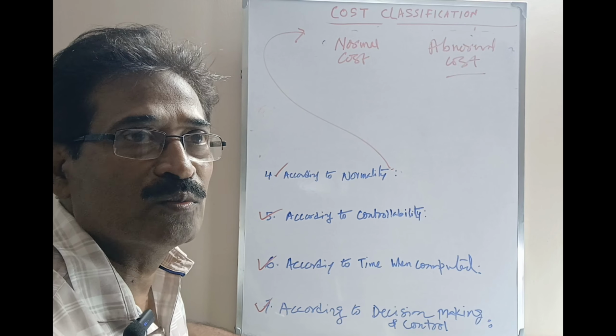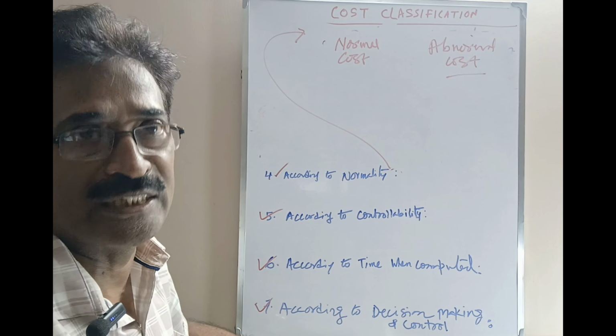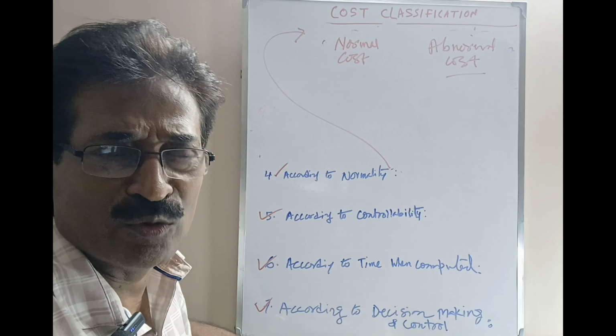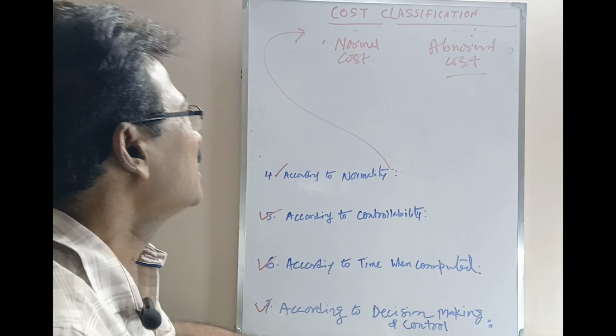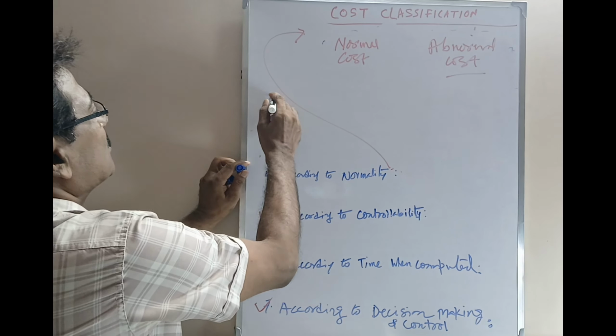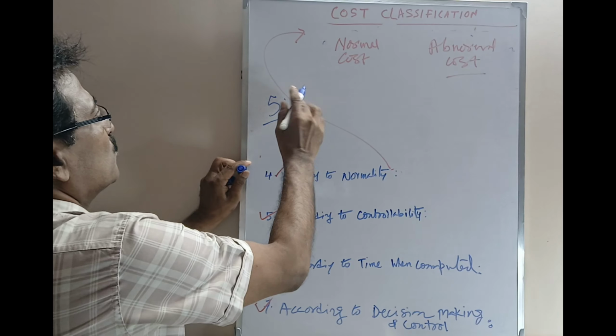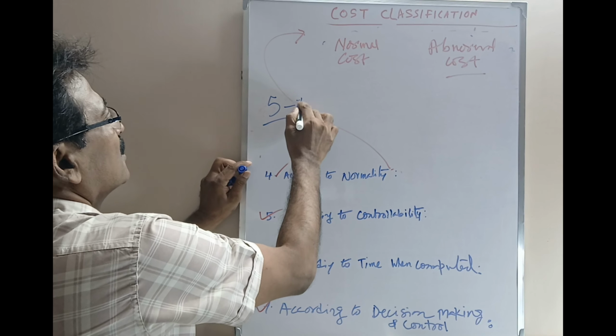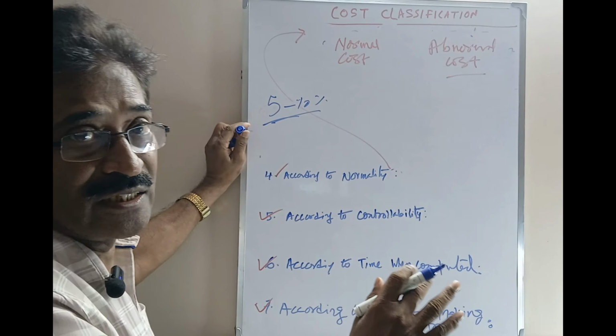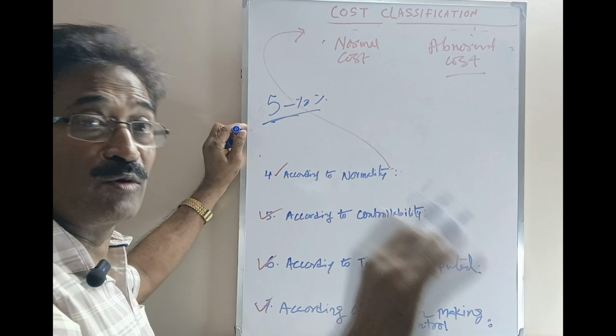This is due to the nature of inputs or nature of the industry, say certain wastage or evaporation. Say a normal 5 to 10% is expected as a normal loss. So this is anticipated and expected. This cost is treated as normal cost.